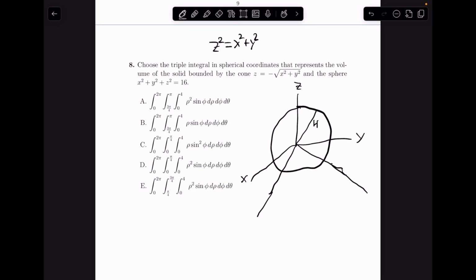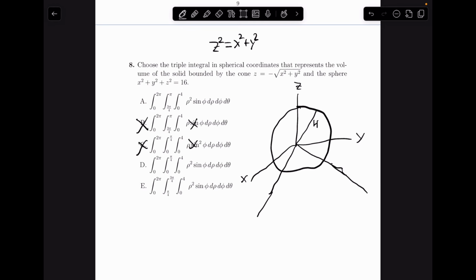Looking at our integrals, I'm checking if we can eliminate any answers that are blaringly obvious. B and C are definitely wrong because rho should be squared and sine should not be squared. So that's wrong and that's wrong. All our integrals have 0 to 2 pi for theta, which is good because we want the whole region.